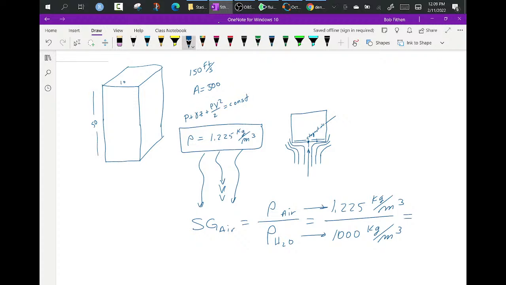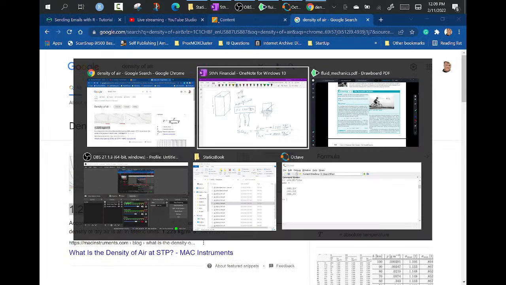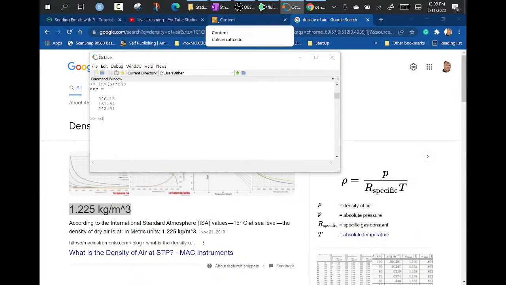So this is a very strange way of doing it, but this is a way you can do it to eliminate the dependency on units. 1.225 divided by 1,000: two zeros and then a 1.